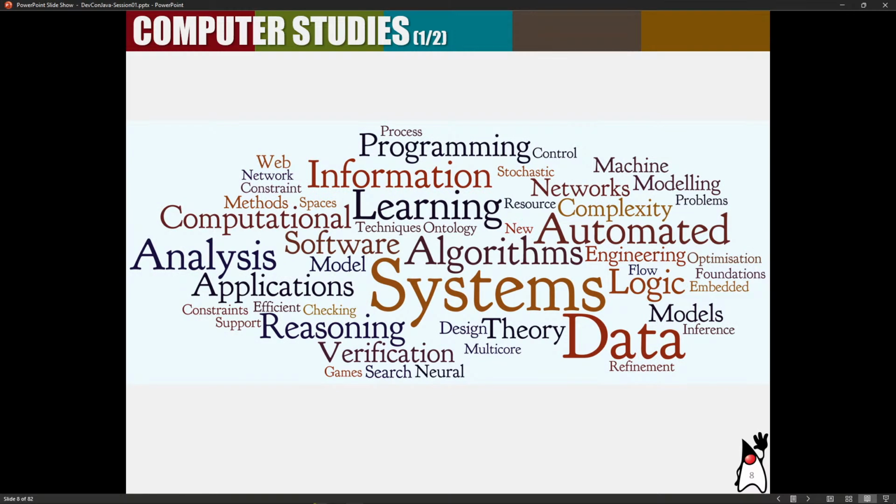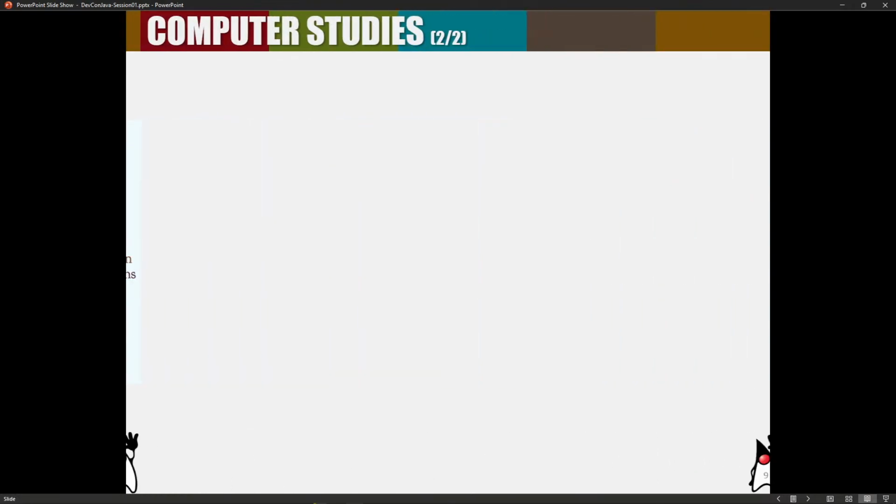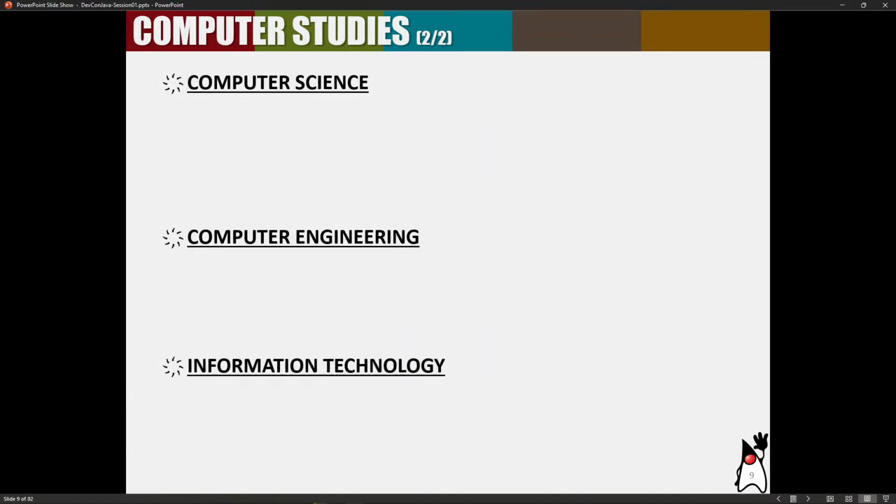So all of this is computer study. I believe most of you are focusing on programming and also on systems. There are a lot of other areas that you can explore in future. Basically now everything is about programming. So who can differentiate between these three areas in computer study?